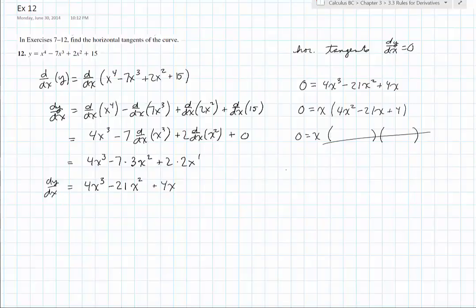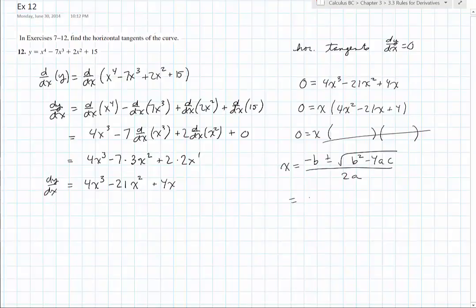I'll go right to the quadratic, where x is equal to negative b plus or minus the square root of b squared minus 4ac all over 2a, or in this case, negative negative 21 plus or minus the square root of negative 21 squared minus 4 times 4 times 4, and that's all over 2 times 4.